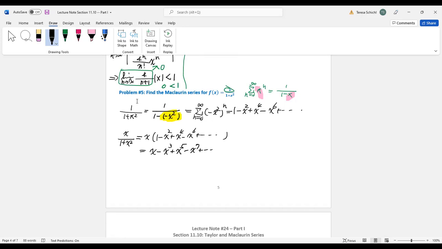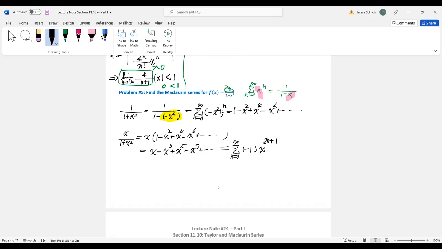Okay, so now let's try to write it into the series form. Right now my exponent is an odd number: 1, 3, 5, 7. So I will say n from 0 to infinity. Then I need to save a space for my negative ones here. Now my x exponent can be 2n plus 1.